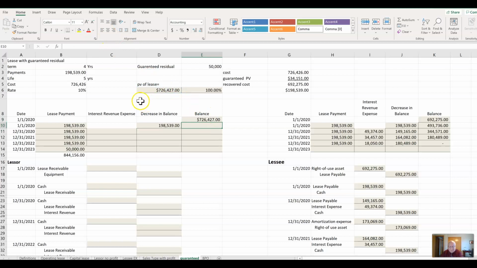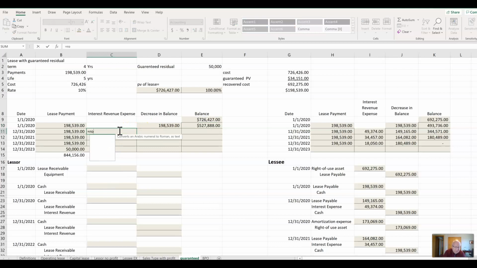There we go. Okay, so 726 minus the 198, and then our interest revenue equals the round function, the 10% times the balance of 527,888, no decimals.